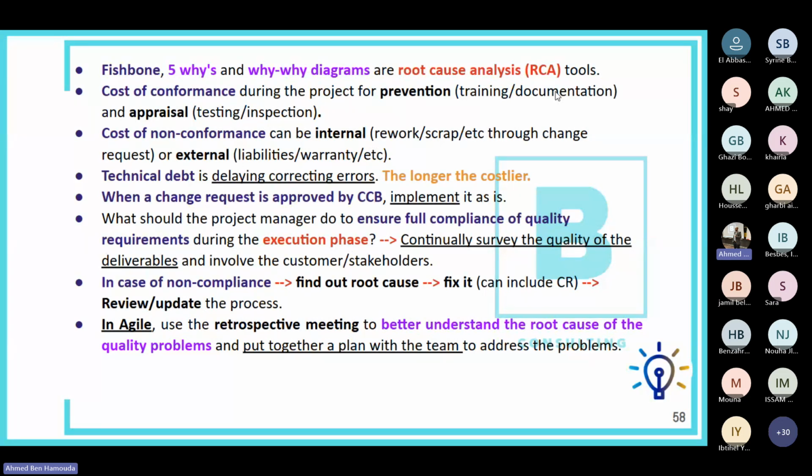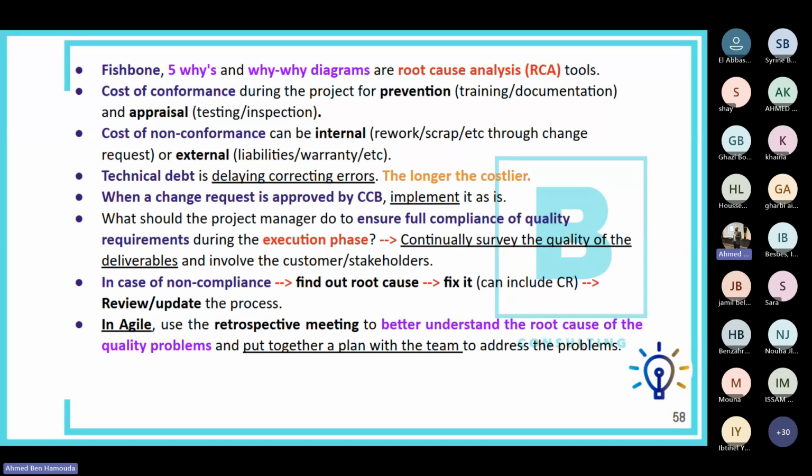In case of non-compliance, in case it turned out that we're not compliant with the requested quality, then again you need to find the root cause of that non-compliance and then fix it. That can include a change request, and then review or update the process later on. So usually for this bullet here, the kind of questions that you will have in the PMP exam are questions that ask you what should you do next or first.